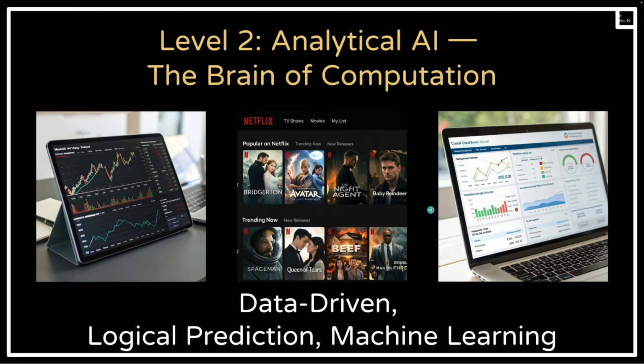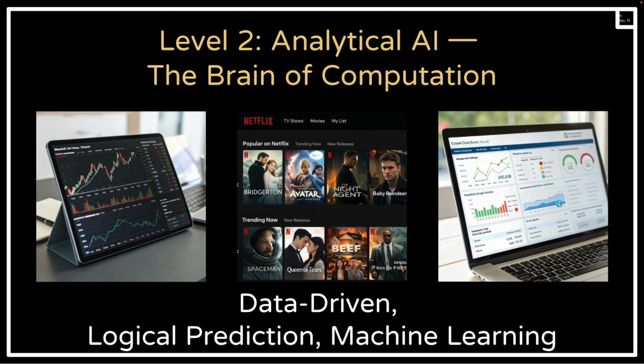Next, we move on to another level, to analytical AI. Visually, this slide shifts from machines doing repetitive physical tasks to a system processing information. We see dashboards, a recommendation interface, and data-driven screens.